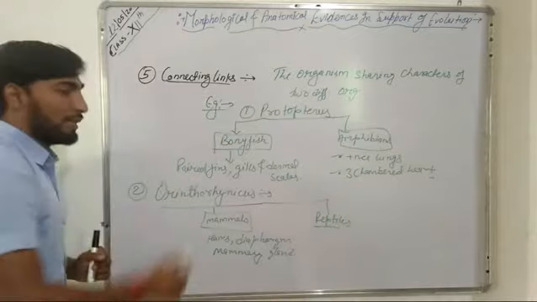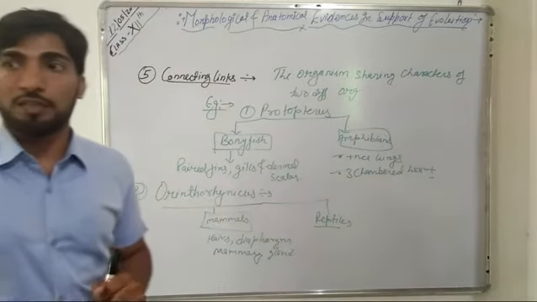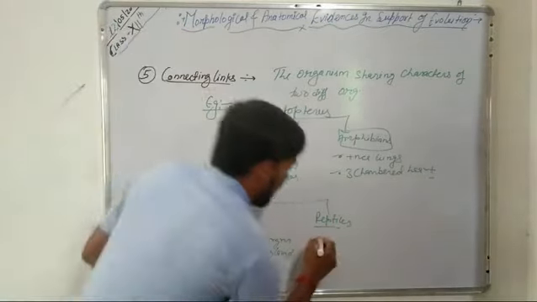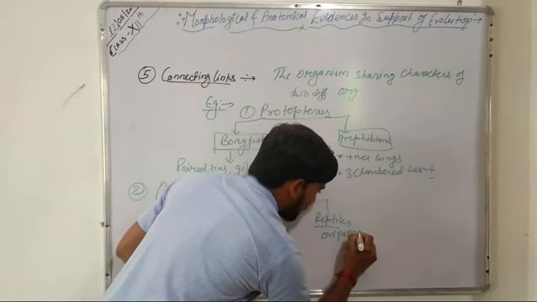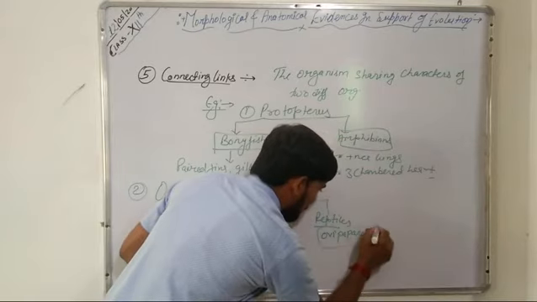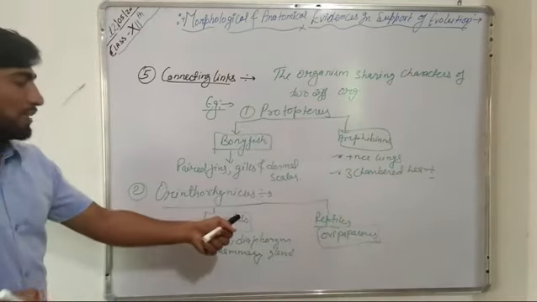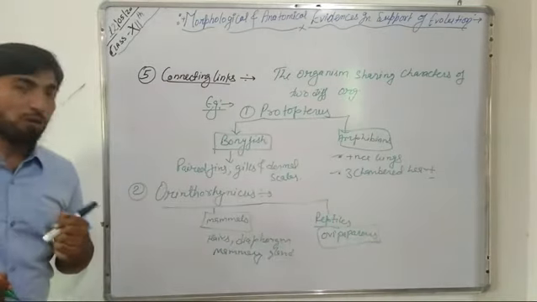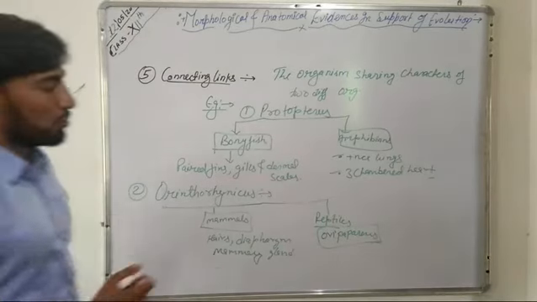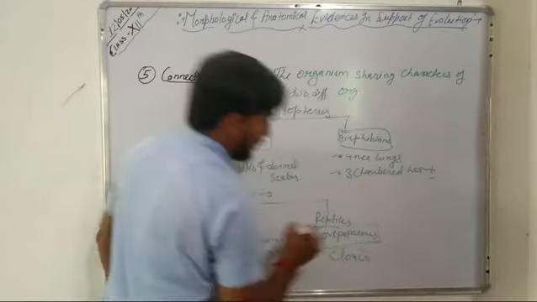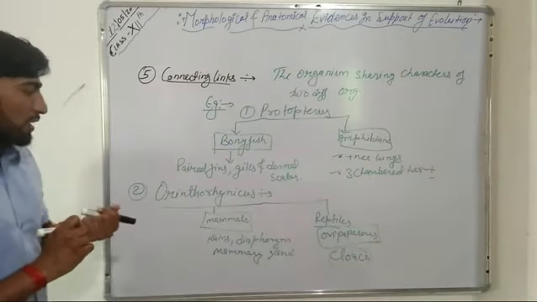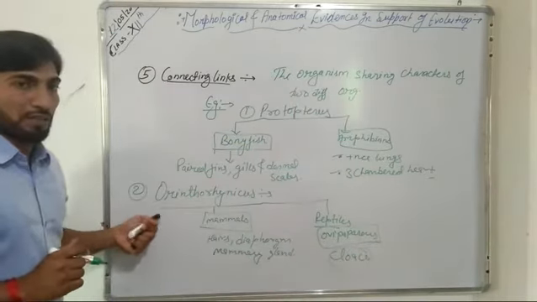Now like reptiles, this Ornithorhynchus is oviparous. So oviparity is a characteristic of reptiles which is present in Ornithorhynchus, and it also contains a cloaca. So these are the two characteristics of reptiles present in Ornithorhynchus.